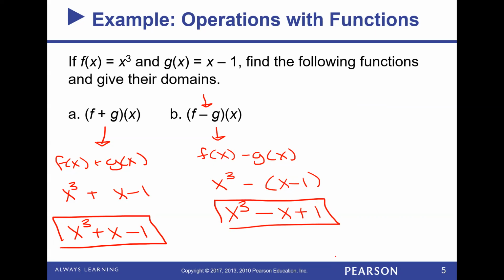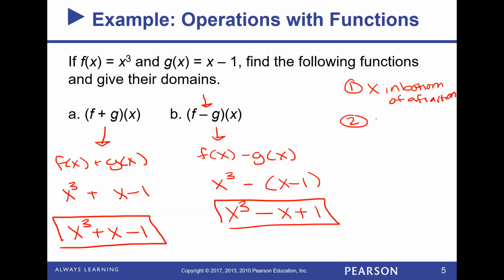Okay, now we also have to determine the domain. Remind yourself, an easy way to check for the domain is to ask yourself some questions. I have 5 questions that I like to ask myself. The first question is, is x in the bottom of a fraction? If x is not in the bottom of the fraction, we keep moving on.